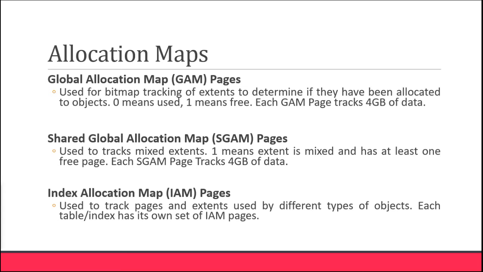Each GAM page, like they normally call it, tracks 4 GB of data. So for every 4 GB of data in your data file, there's a new GAM page. And it makes sense to not have too many GAM pages because of the contention associated with determining where to put your data. You get?